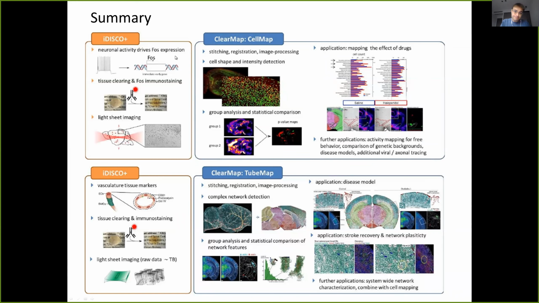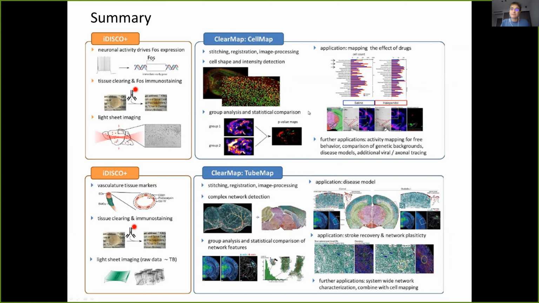So today I introduced you to our iDisco ClearMap pipeline that can be used, in the first part, to discover, for example, brain areas that are activated by drugs, but you could also imagine certain types of behavior. We combined that, for example, also with axon tracing. You can see which areas are activated, and then how this change in activity is maybe translated to other areas due to axon tracing.